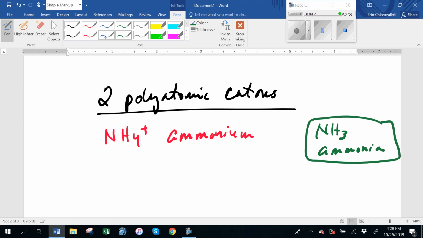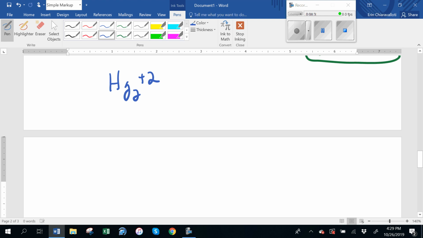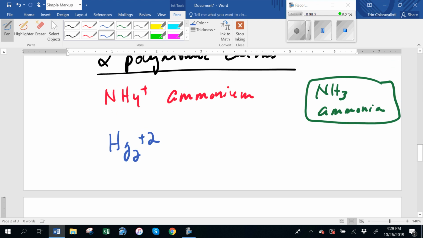Then the other one that we have is Hg2 plus 2, and that is mercury 1.